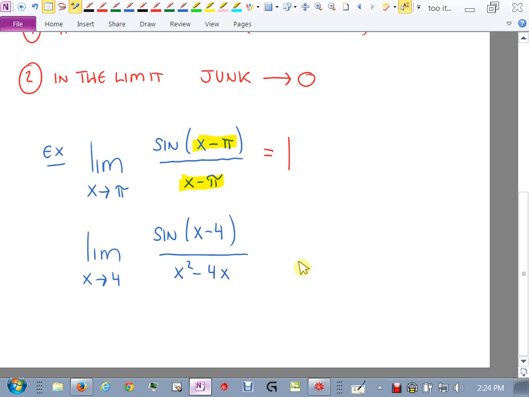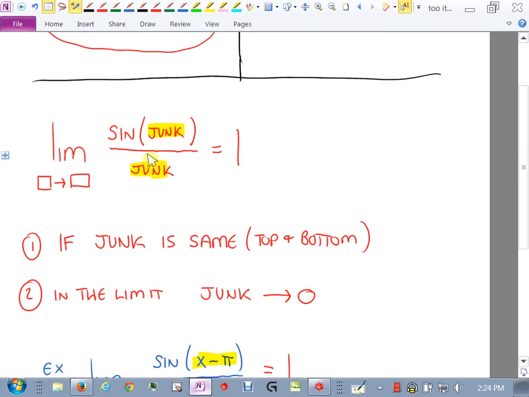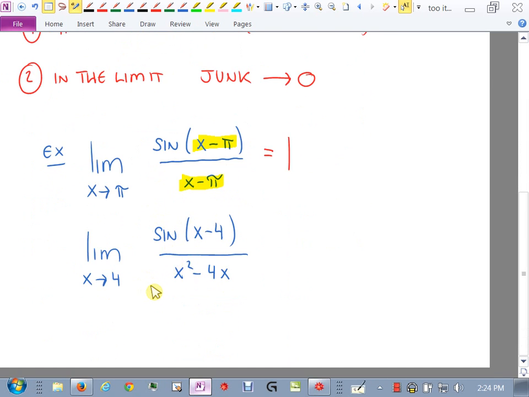It doesn't factor to what? X. Okay, yes. But does it match this right here? Does it look like this? Why not? This right here is our junk, right? This junk has to match. It doesn't match. But I could do this.